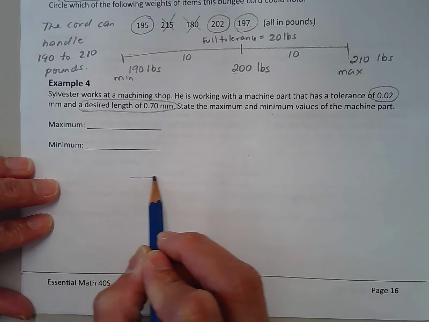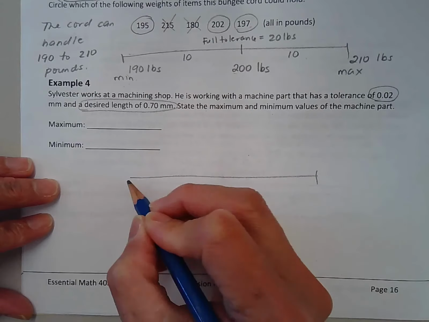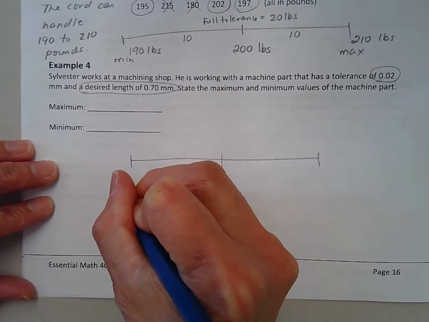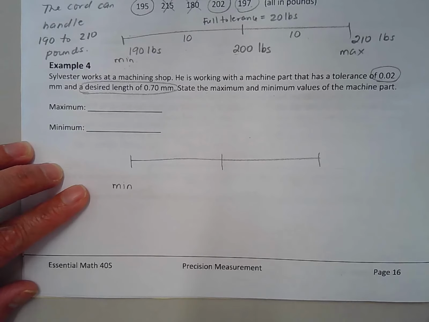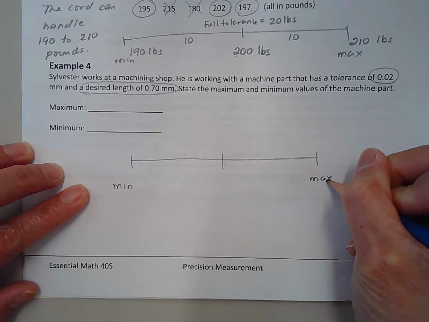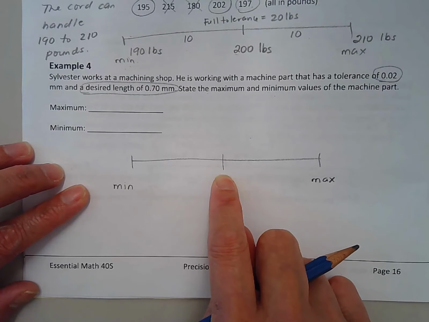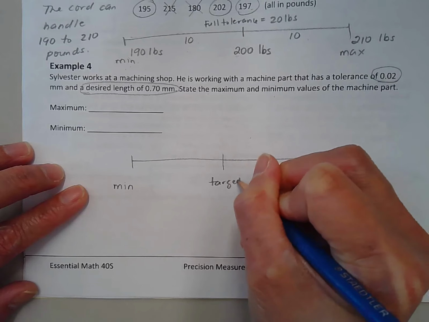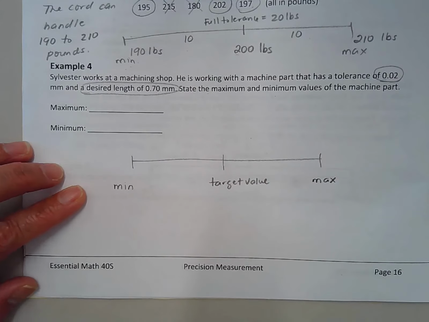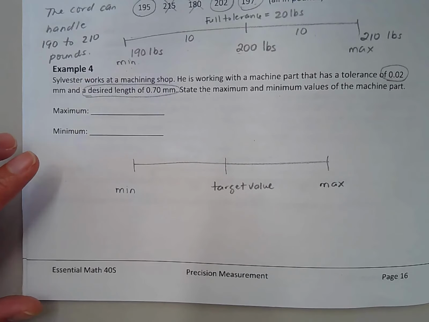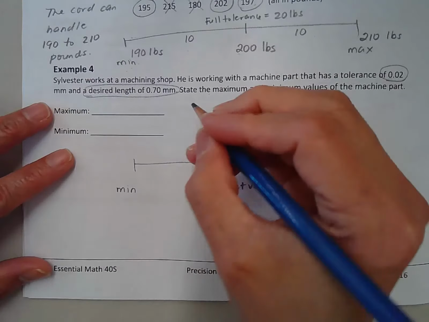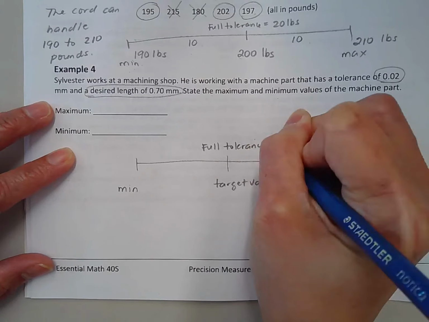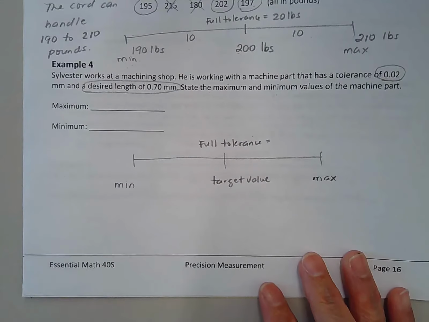So let's see if we can draw it out. This is really good for representation, right? We know this is minimum to the left, maximum to the right, target in the middle. And then this is full tolerance. So what do we have so far?